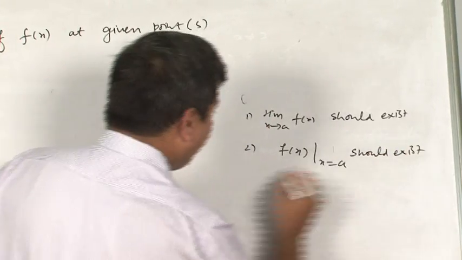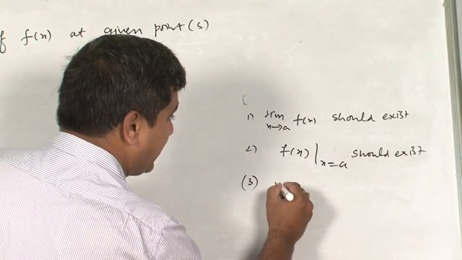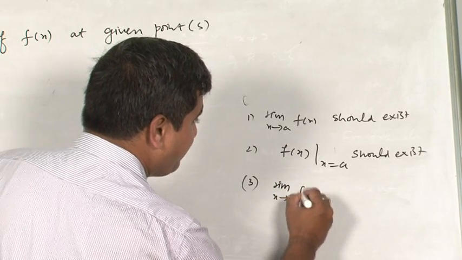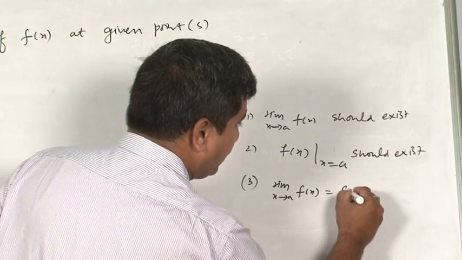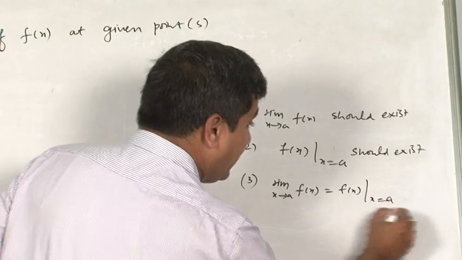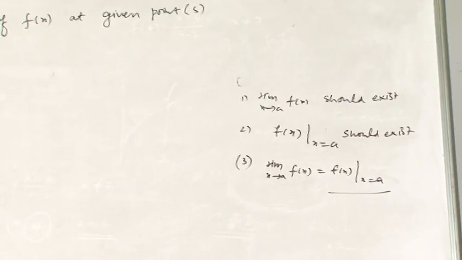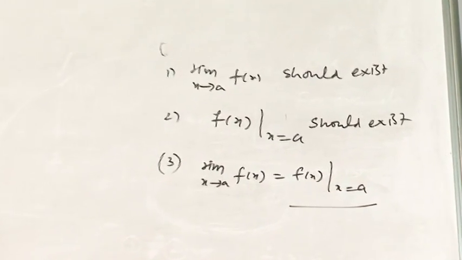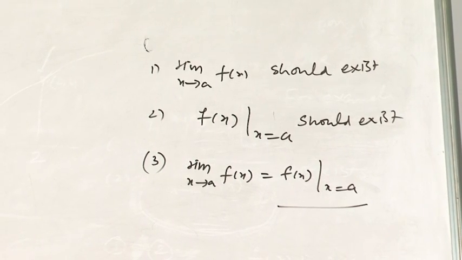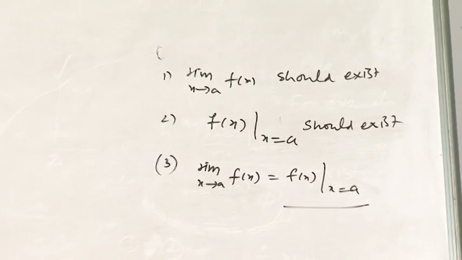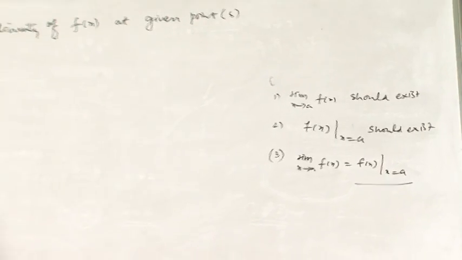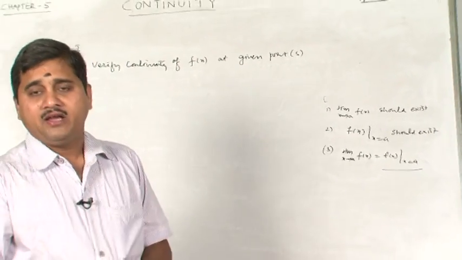The last and final condition is that limit x tends to a, f of x should be equal to f of x at x is equal to a. If these three conditions are verified for any function f of x that is given in the problem, it is as good as verifying the continuity of the function. So, let us take a few problems and verify how continuity is to be verified.